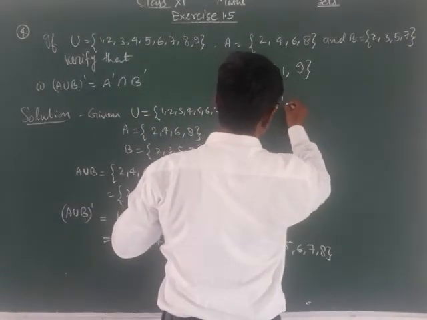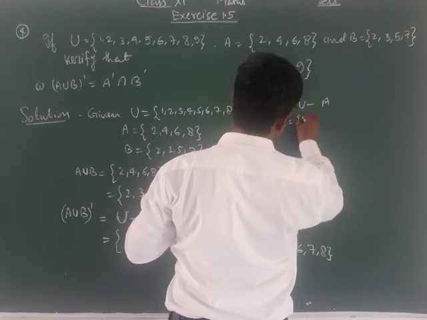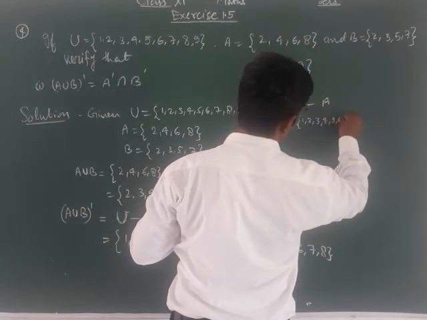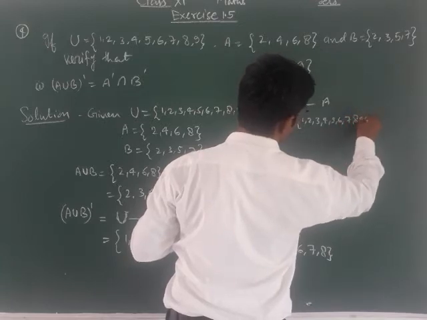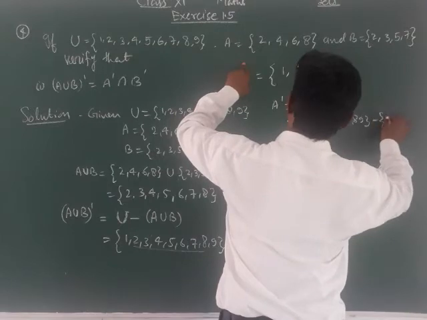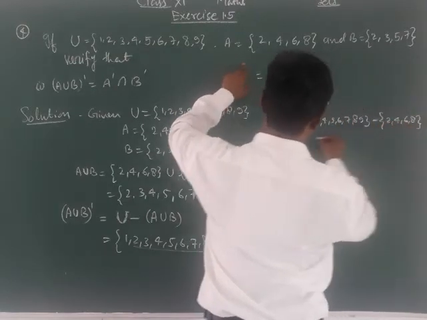And also A dash, which is U minus A. So U is 1, 2, 3, 4, 5, 6, 7, 8, 9, and A has elements 2, 4, 6, and 8.